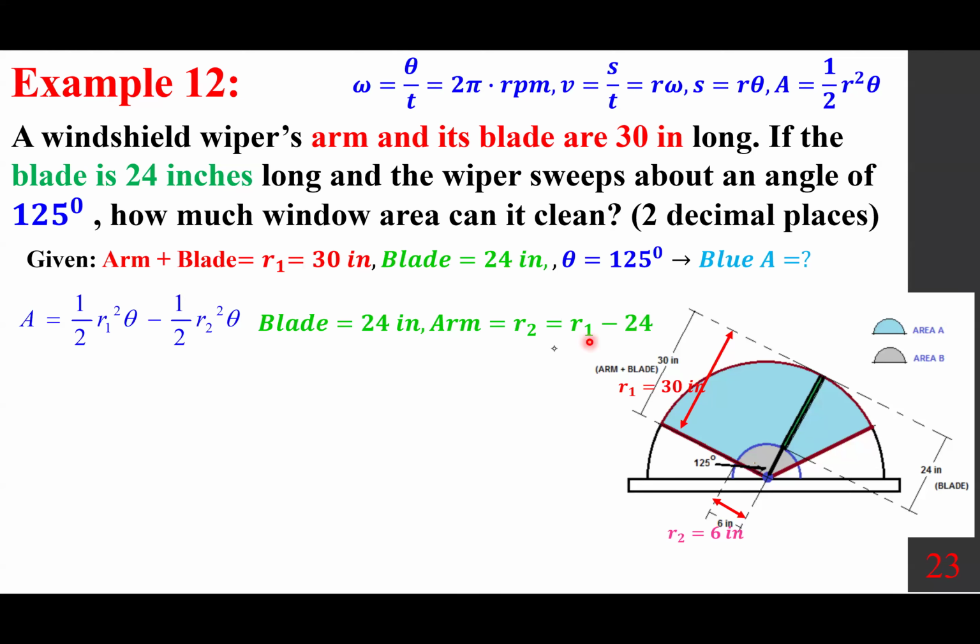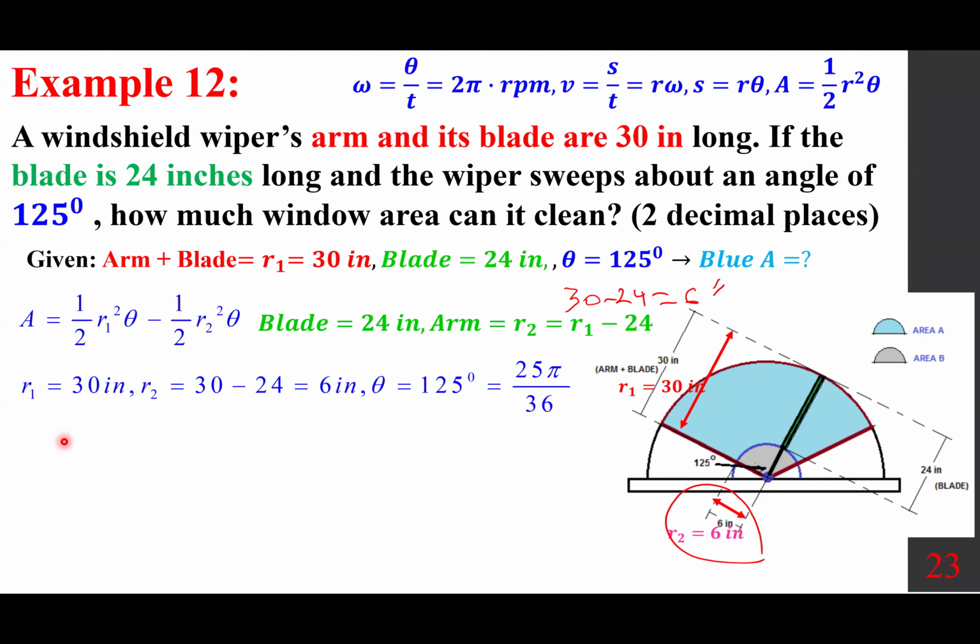Because R1 is 30. So again, class, 30 minus 24, 6 inches. We already know that. All right. So R1, again, we want to make sure that is clear. R1 is 30, R2 is 30 minus 24, which is 6.